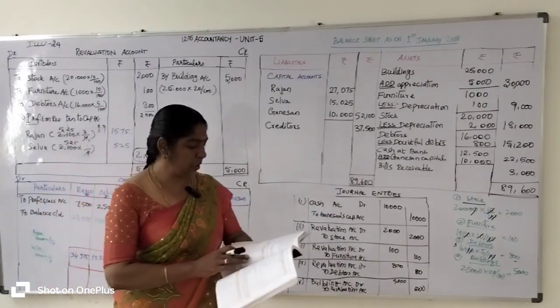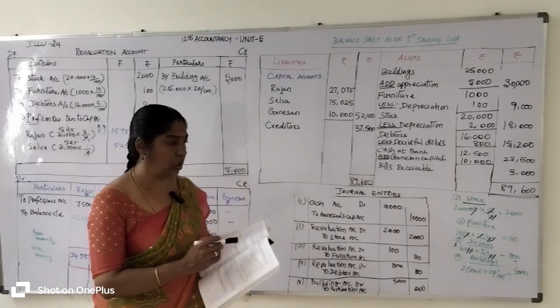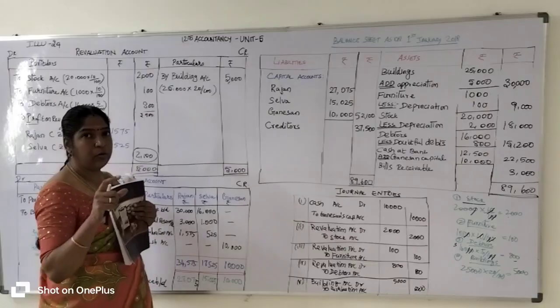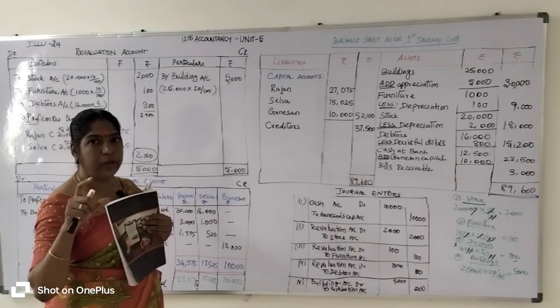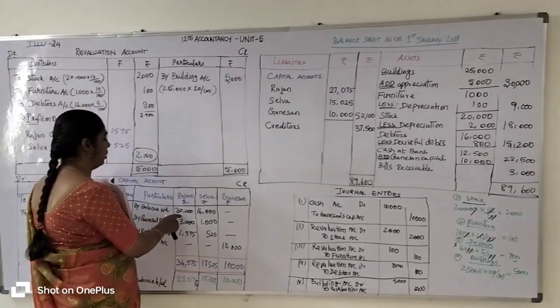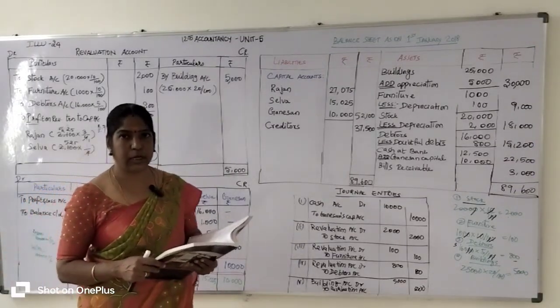On the liability side, the capital accounts of Rajan and Selva are 30,000 and 16,000 rupees. The opening balance of a capital account is always shown on the credit side, so we enter balance brought down 30,000 and 60,000 rupees against the old partners.